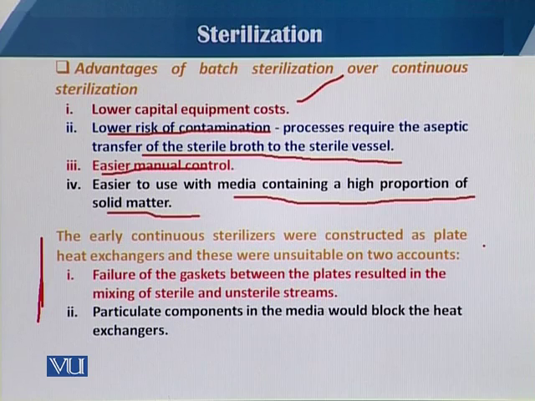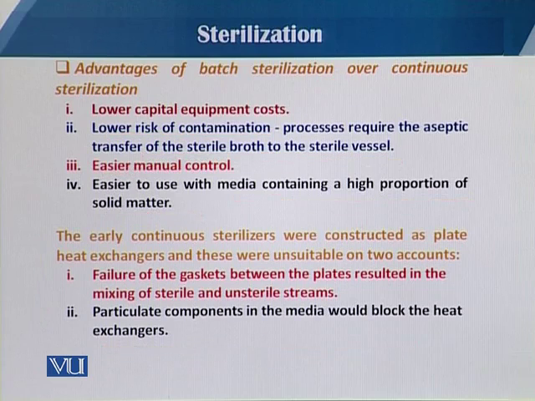Number one, the failure of the gasket between the plates resulted in the mixing of sterile and unsterile streams, because when there is a plate between the two in a heat exchanger and there is any leakage, then mixing of sterilized and unsterilized medium can happen. Number two, particulate components in the medium would block the heat exchangers, because there are very small passages, so when there is a viscous medium it can block the heat exchanger, and then there will be more loss.